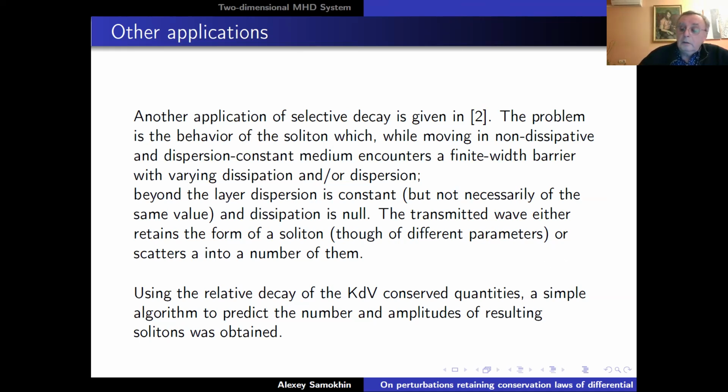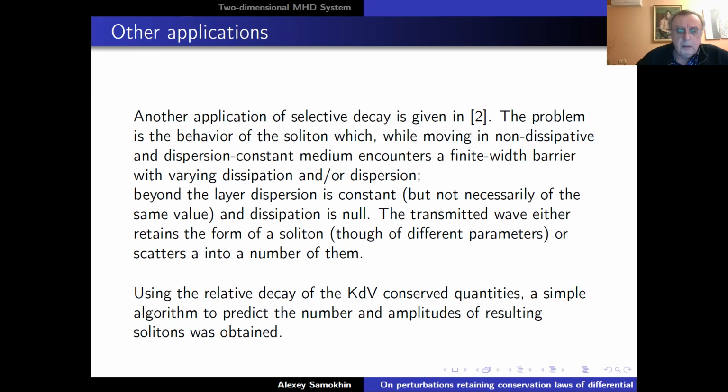It is not very easy to obtain the number of the solitons or their amplitude or velocity using the inverse scattering method, but using the selective decay, it is a very simple procedure to predict the resulting solitons, the resultant scattering of soliton.